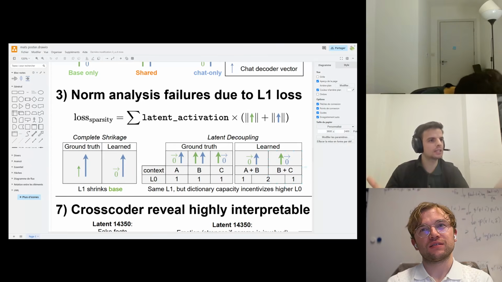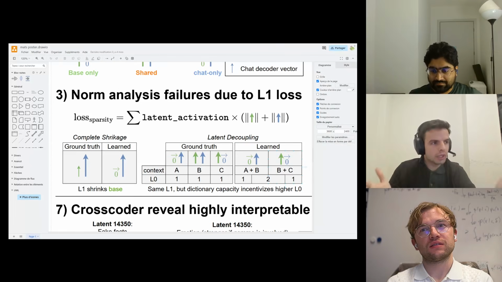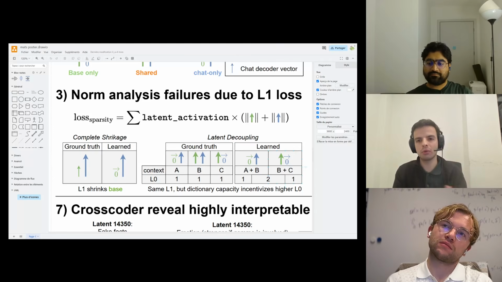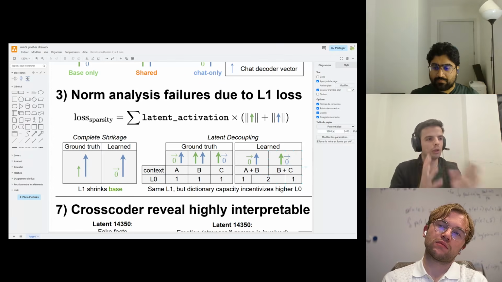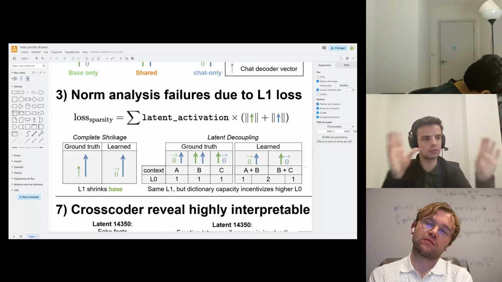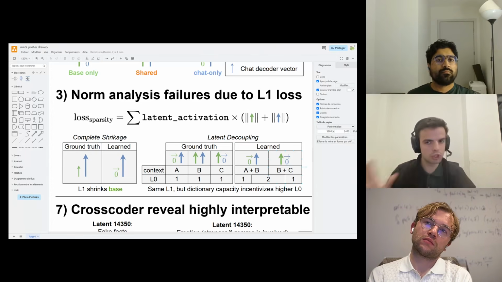In this case, what we would actually want is that the crosscoder learns 3 concepts. One that is the shared concept of the dog. One that is dog, but specific to this favorite animal context. And one that is dog in the context of general text about animals. And the crucial thing here is the L0.